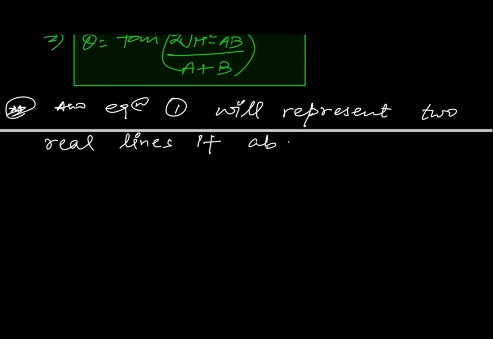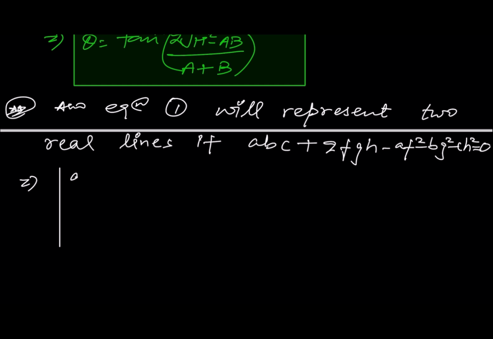If abc plus 2fgh minus af square minus bg square minus ch square is equal to 0, this expression can be written in determinant form also, which is the determinant of [a h g; h b f; g f c] equal to 0.